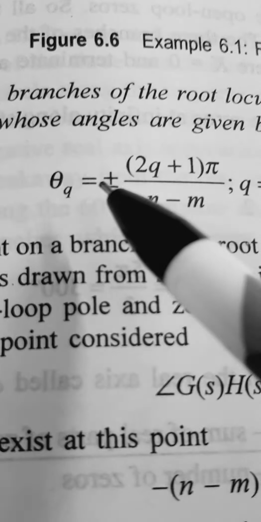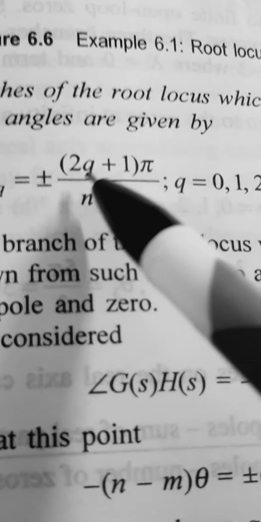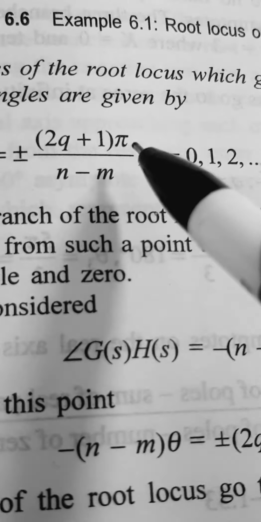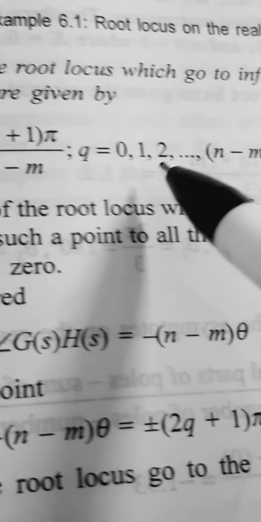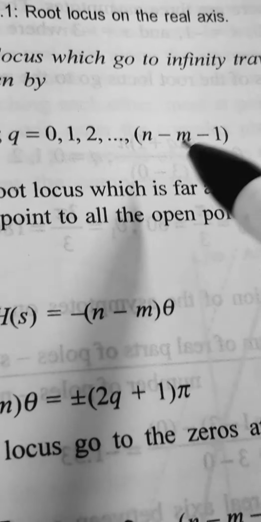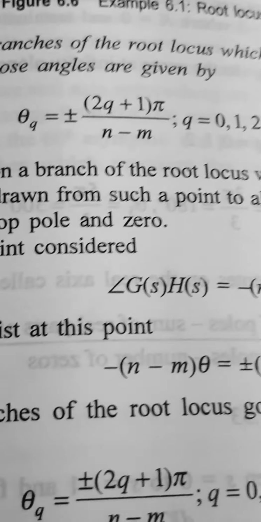theta q is equal to plus or minus (2q plus 1) pi divided by n minus m. Q varies from 0, 1, 2 till n minus m minus 1.